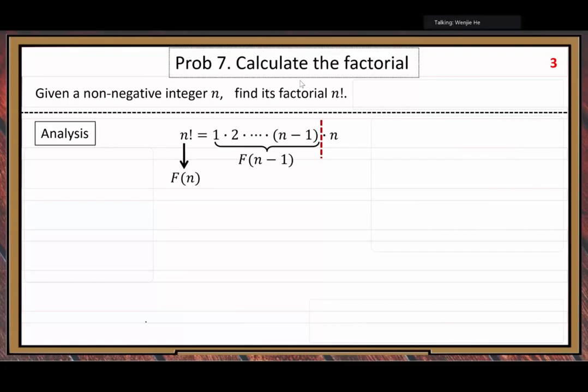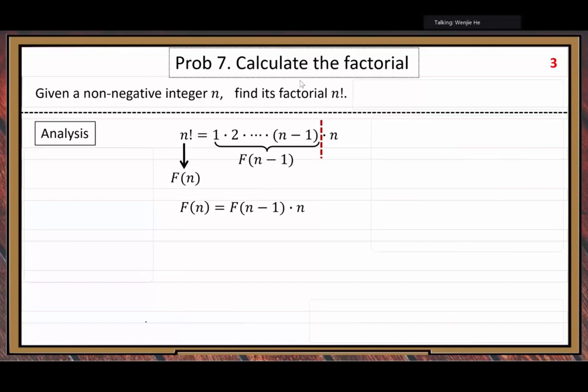So we need to fix the gap part. How to fix? We use this recurrence relation formula. We connect the f of n solution and the f of n minus 1 solution.